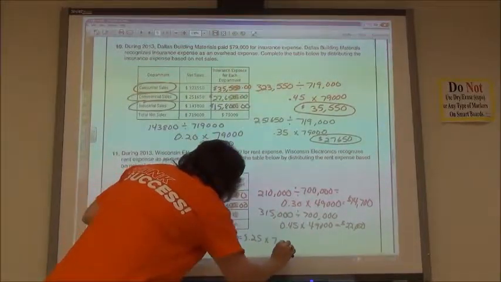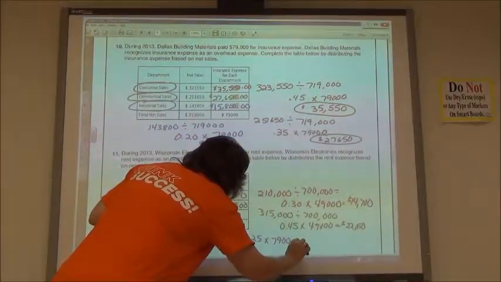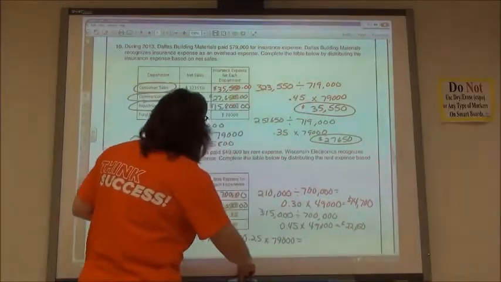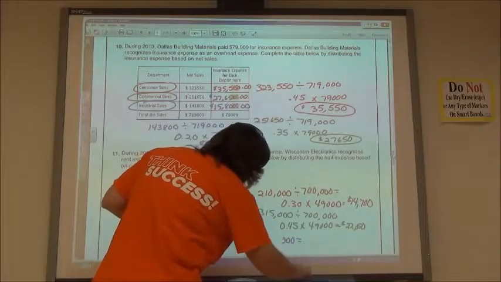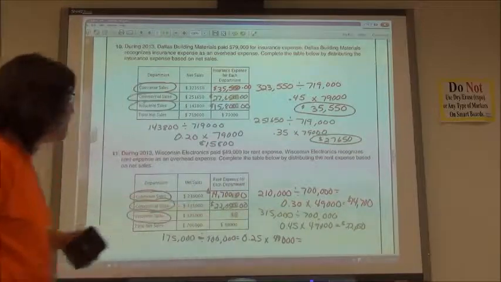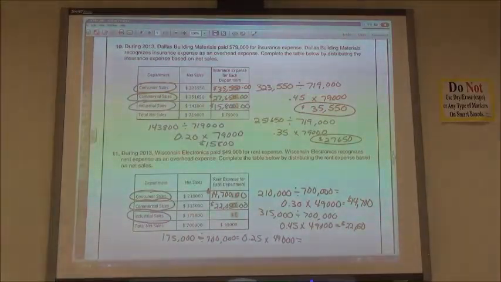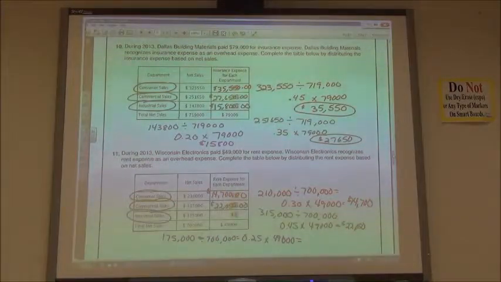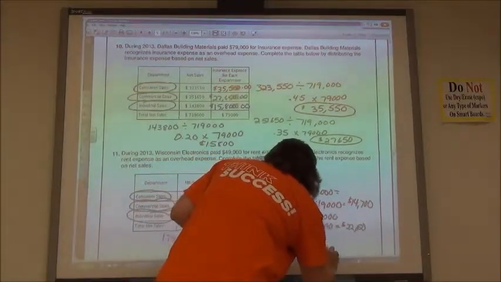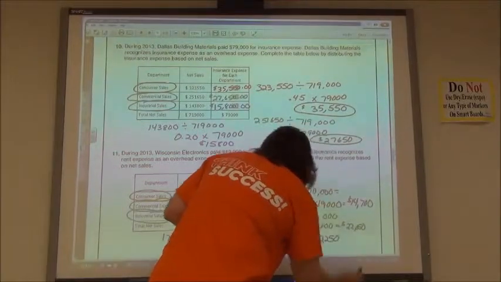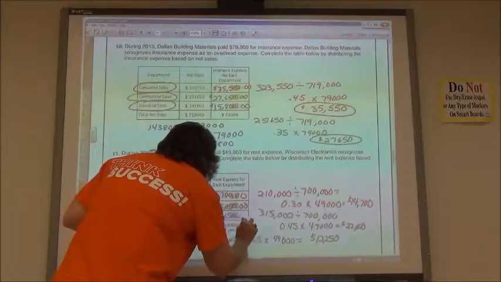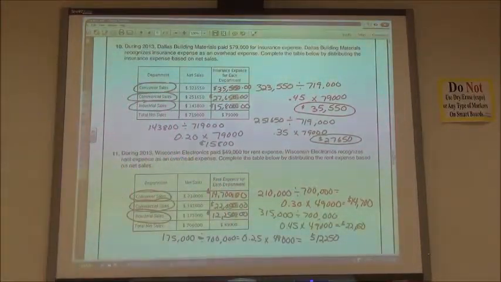We're going to multiply that by the 49,000, which was our rent expenses. So 25% times 49,000, 12,250. So $12,250 would be the rent expense for the industrial sales.